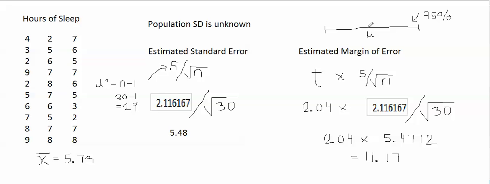The 95% margin of error is actually the distance from the population mean to each boundary of this area that the sample mean has a 95% chance of falling in. So this is the 95% margin of error, and this is also the 95% margin of error.